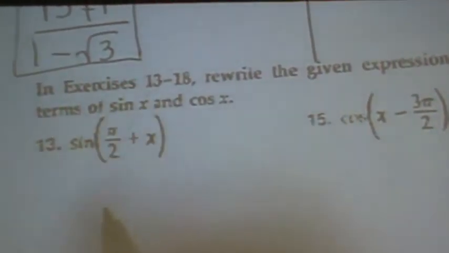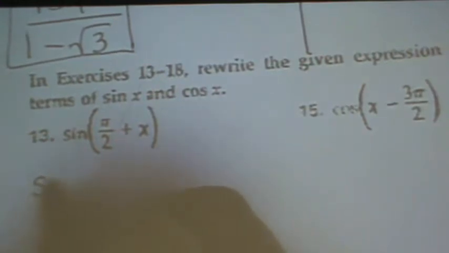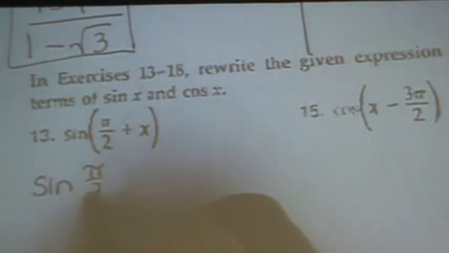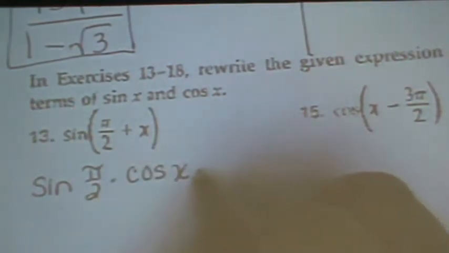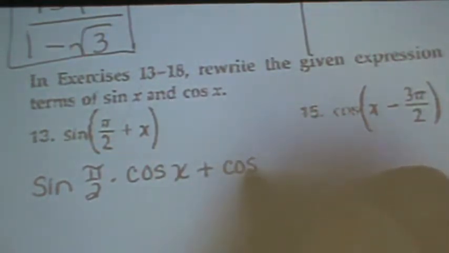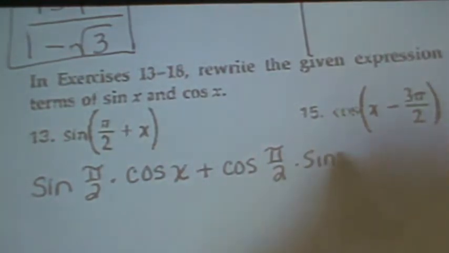So this next one, we've got the sine of pi over 2 plus x. So the identity says the sine of pi over 2 times the cosine of the second angle, same sign, so cosine of pi over 2 times the sine of x.